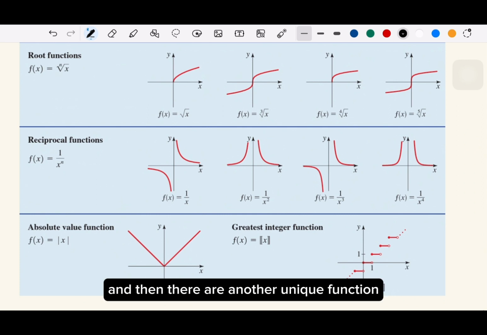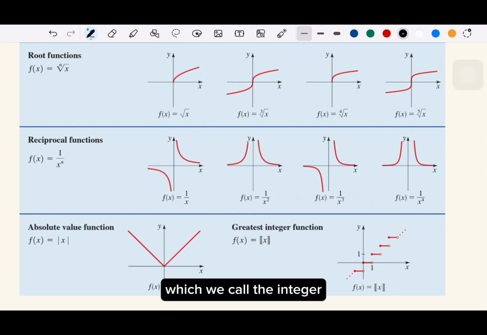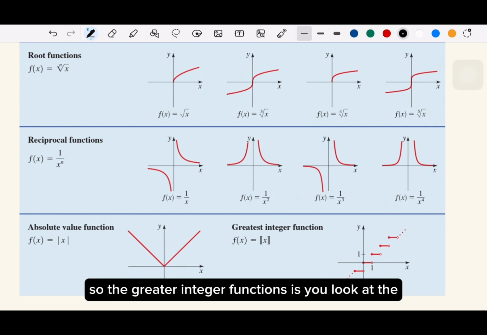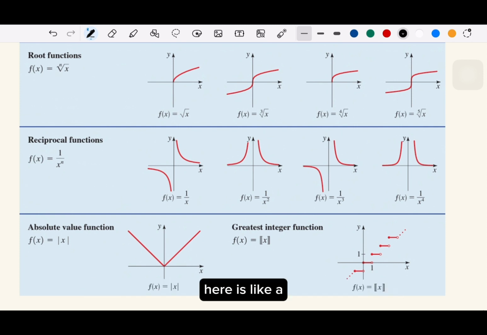And then there is another unique function which we call the greatest integer function. If you look at the page that we have here, it's like a stair.